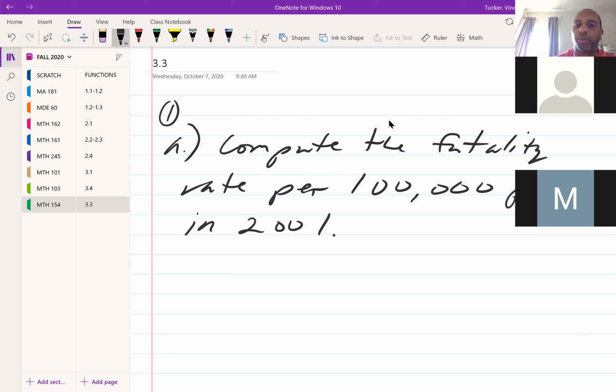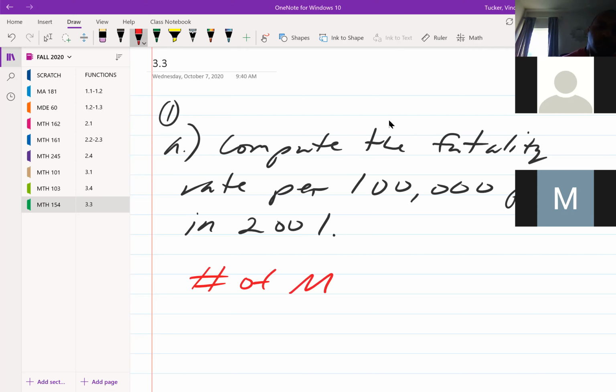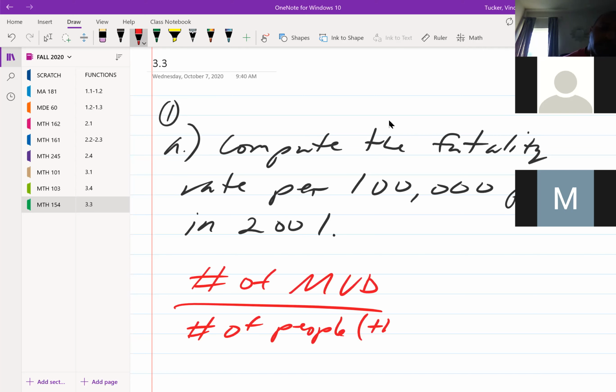We want to compute the fatality rate per 100,000 population in 2001. So let me look here, MVD. What we're going to do first is take the number of MVD and place it over the number of people. And this is in the thousands. And you get that from the chart. Remember, I showed you, you go back to the homework.